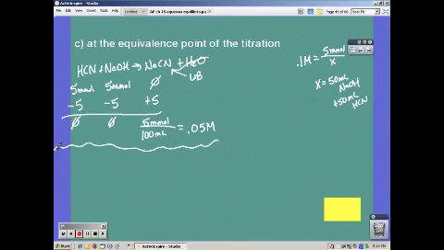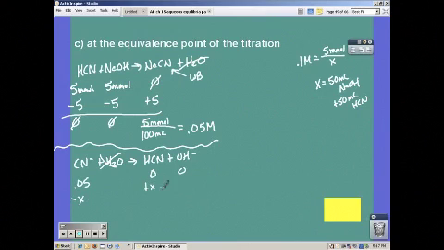Evaluate, we have a weak base, which means we need to do a weak base dissociation problem. It's a base, so we've got to react it with water. I left off the sodium. You could have left it. Do your ICE table. Remember that you need the Kb.